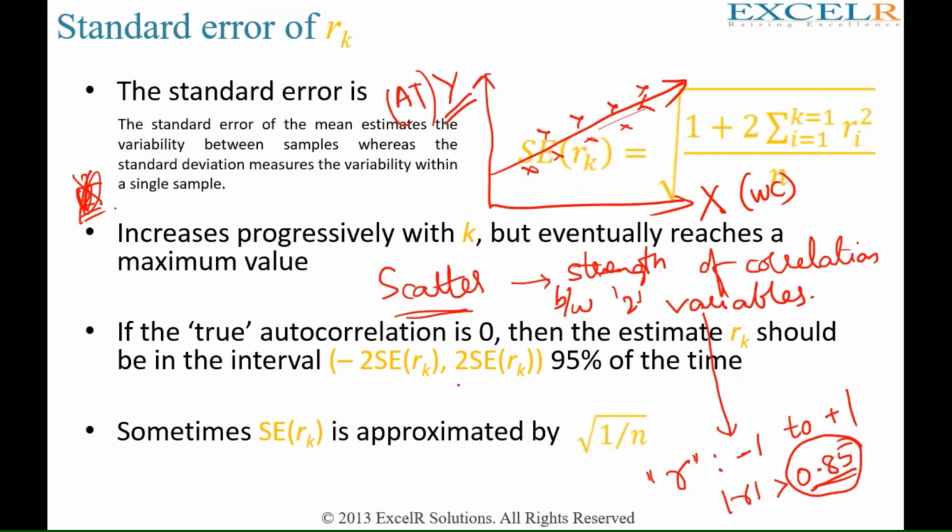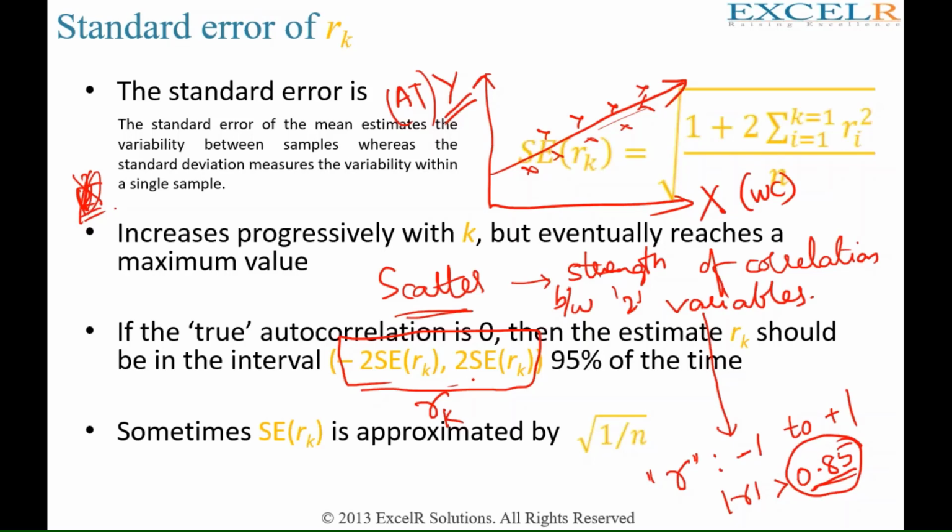And that cutoff is ±2 standard error. If the autocorrelation value is greater than +2 standard error or less than -2 standard error, you say there is a strong correlation.